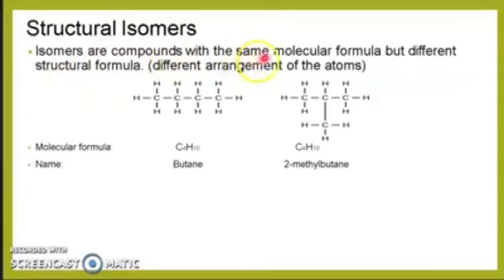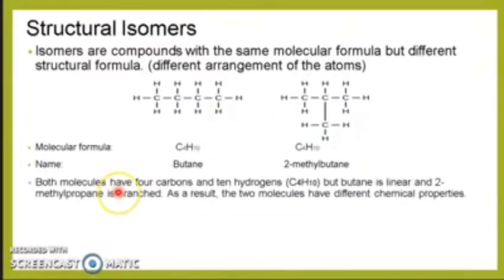There are compounds which have the same molecular formula, the same number of atoms, but they have different structures or different arrangement, connectivity of atoms. Because these atoms have the same number, but they have different arrangements, they have different chemical and physical properties.